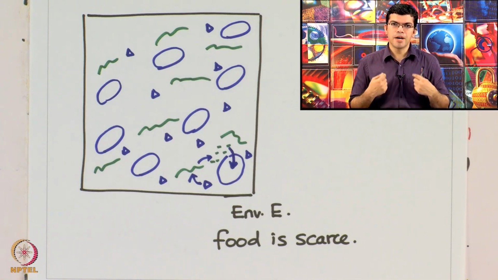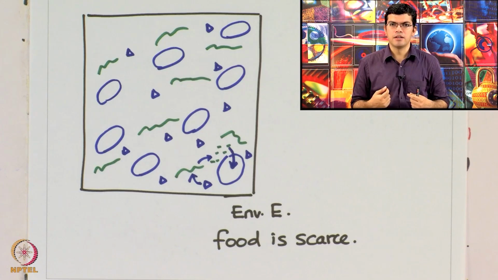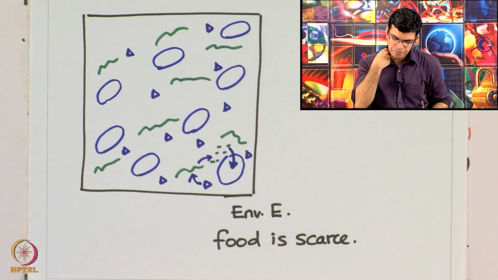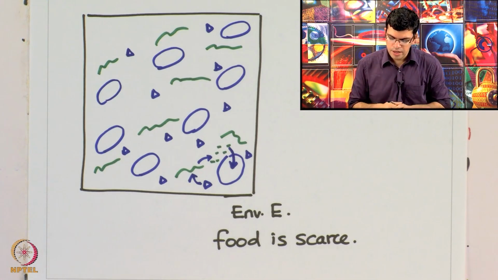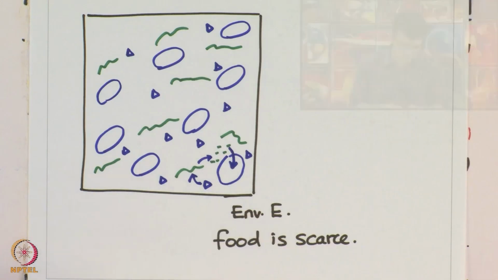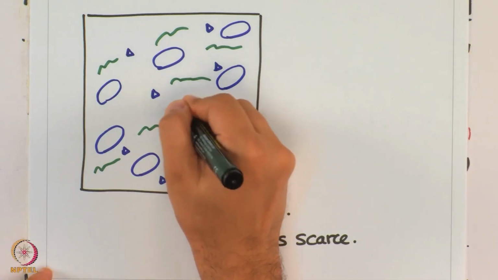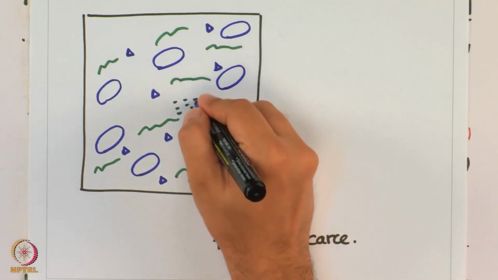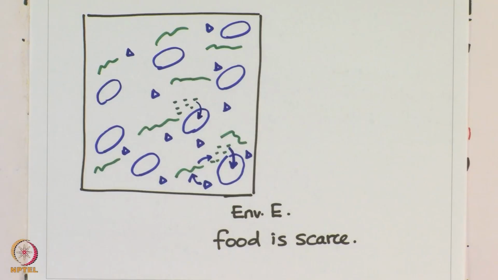So, this is a private investment that I am making, but the benefits associated with this private investment are public in nature, in the sense that any individual belonging to the species can use the monomers which are broken down by this enzyme. So, that is the setting that we have, and of course, every enzyme molecule which is released into the environment is doing the same, and bacteria are taking up these monomers and using them for growth purposes.